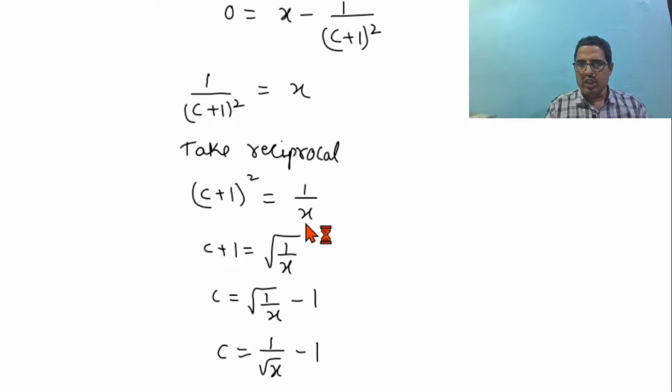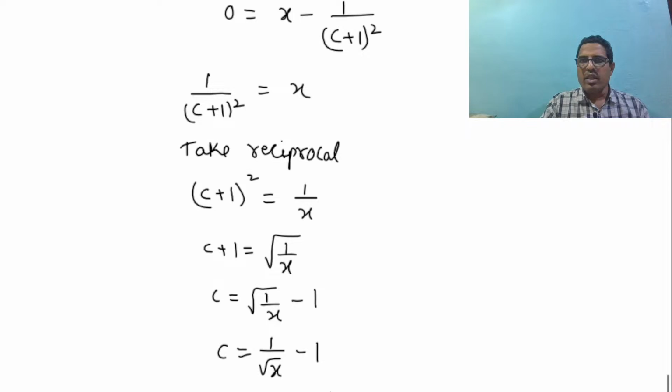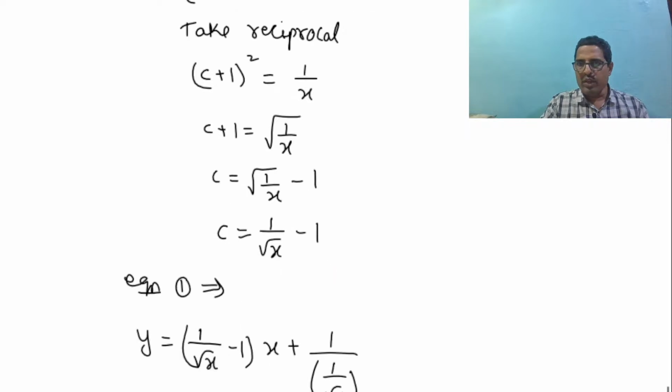What is the c plus 1 value here? c plus 1 is 1 by root of x, so 1 by c plus 1 is root of x.